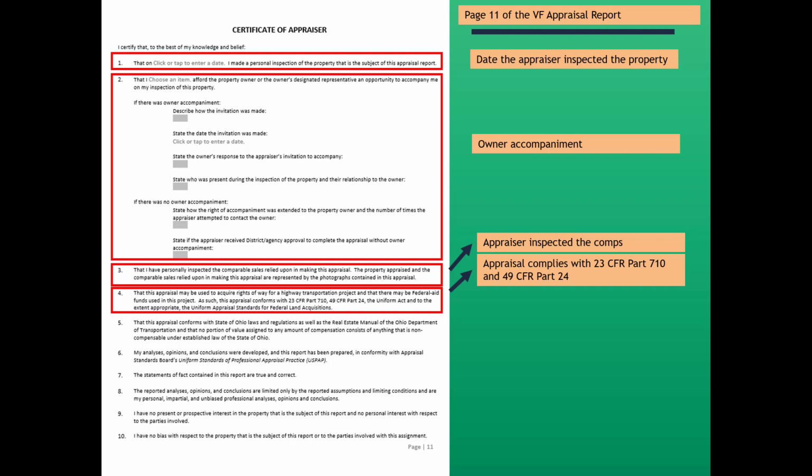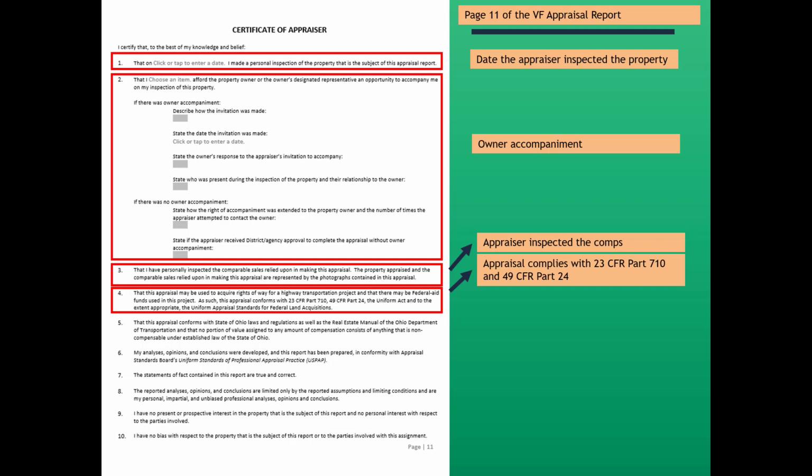Part 710 deals with real estate acquisition. So therefore, any real estate appraisal has to comply with the requirements of 23 CFR Part 710 because federal highway funds are used in our projects.